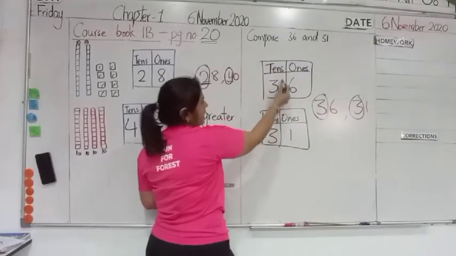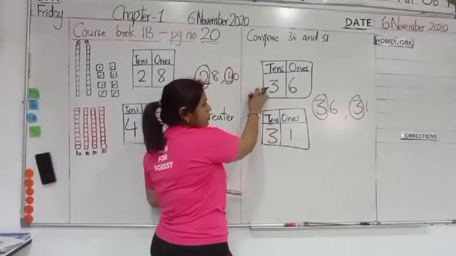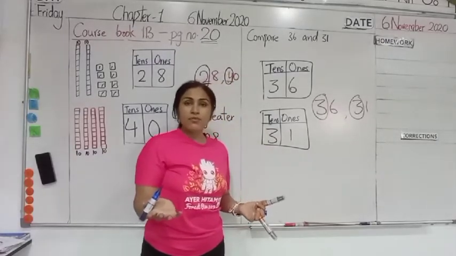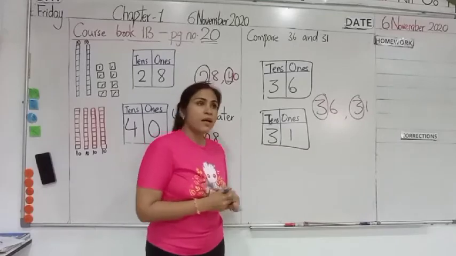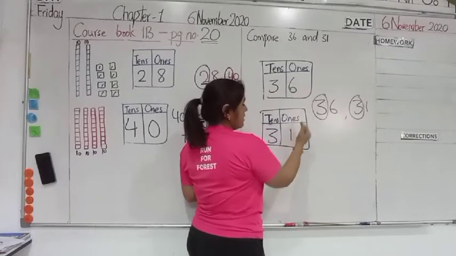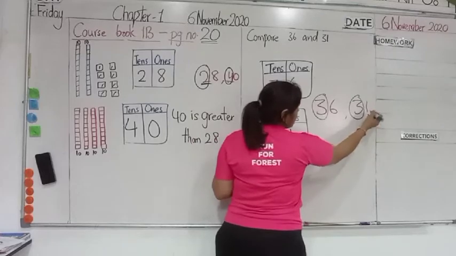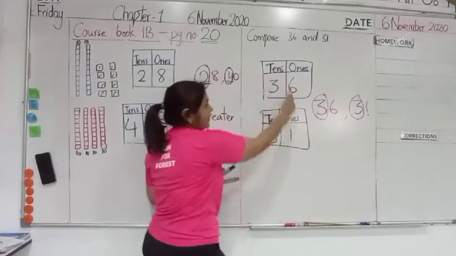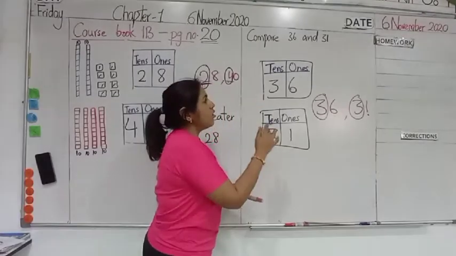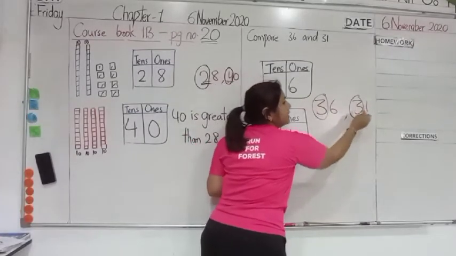We cannot compare using the tens place because the number is the same. So how do we find out which is a smaller number or a greater number? We look at the ones place. Here is 6 and here is 1. So 36 is greater than 31.